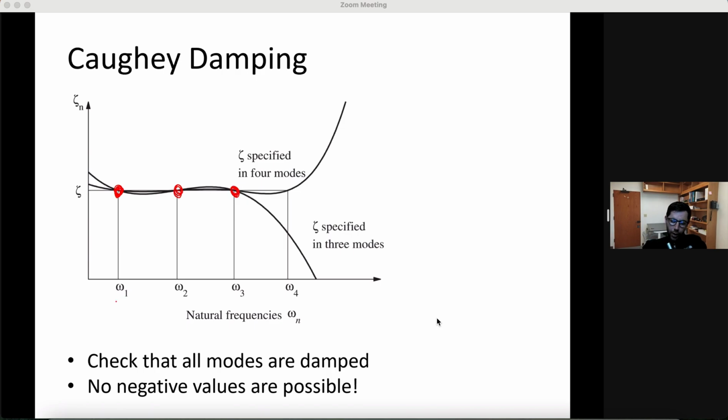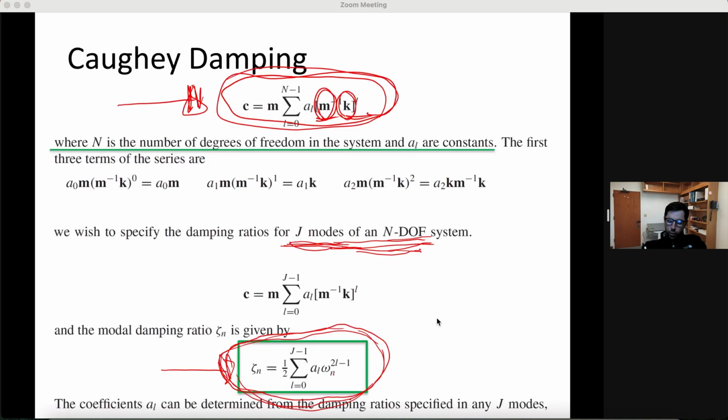So you were able to find omega 1, omega 2, and omega 3. You go back to the previous formula and use it only for omega 1, omega 2, and omega 3. From this formula, you find the constants which are needed to obtain a value of, say, 2% of the equivalent viscous damping across these 3 frequencies.